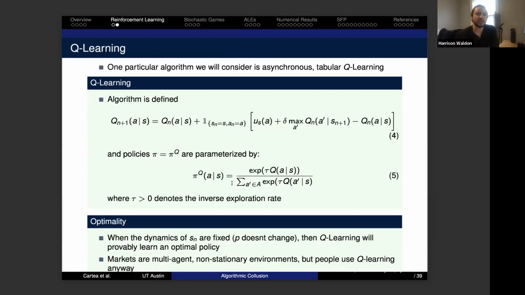Here we'll assume that each agent parameterizes policies with this softmax distribution over Q values. And this choice of softmax distribution is very common in the RL literature, which is why we do it. So we think that each agent using a common parameterization is not too limiting an assumption.